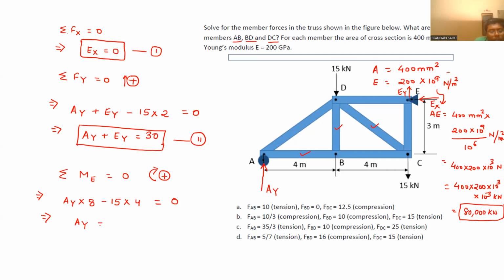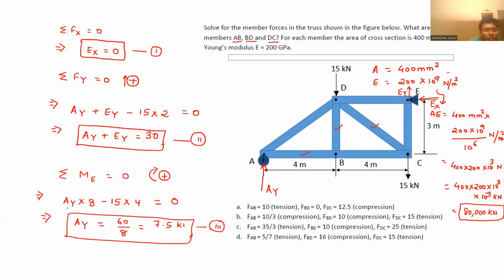So AY equal to 60 by 8. So AY is coming to be 7.5 kilonewton. Let this be equation 3.